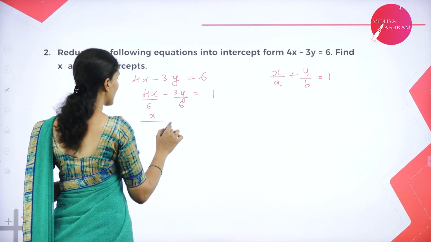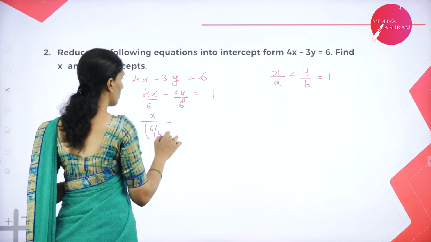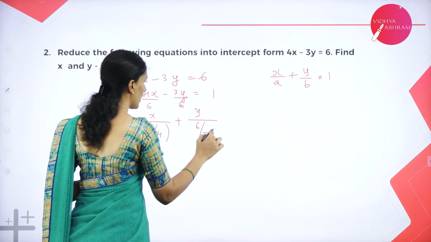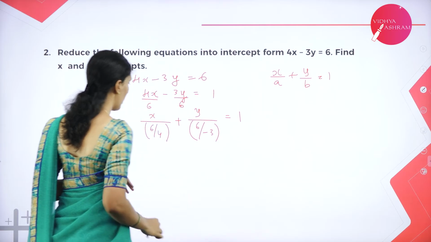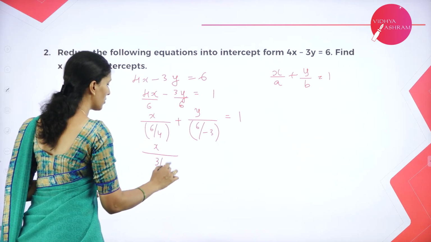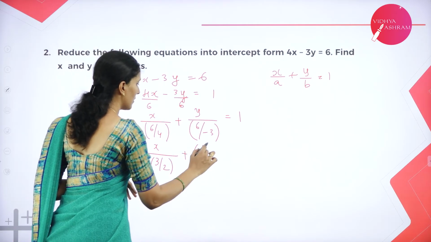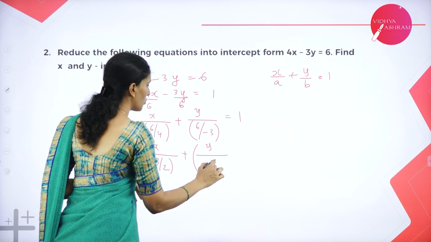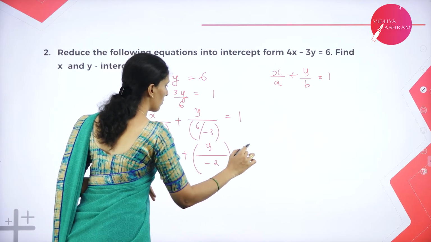So, it becomes x divided by 6 by 4 plus y divided by 6 by minus 3, which is equal to 1. Therefore, you can also write this as x by 3 by 2 plus y divided by minus 2 is equal to 1.